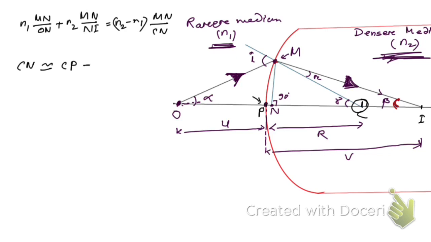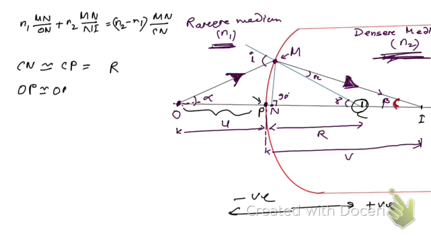CP is approximately equal to R. So we're going to consider this side as positive and this side as negative using the sign convention. Then OP is also approximately equal to ON, since P and N are very close. This side is negative, so here we're gonna write minus U using the sign convention.